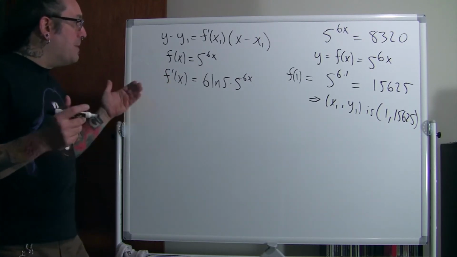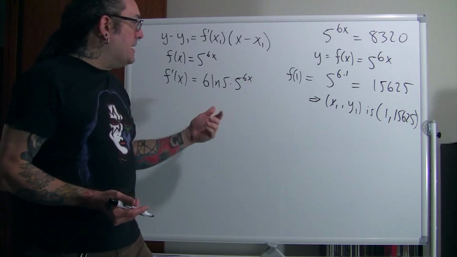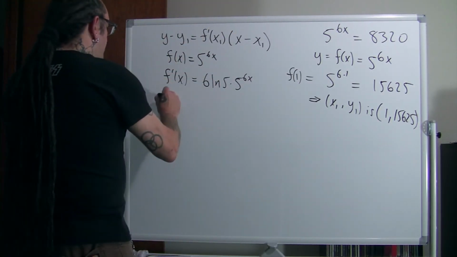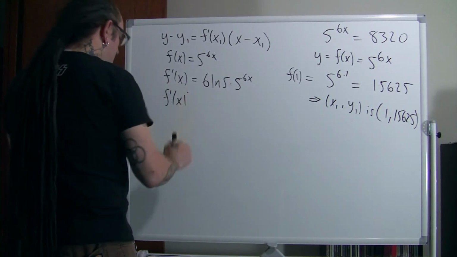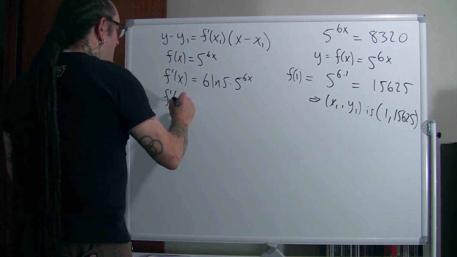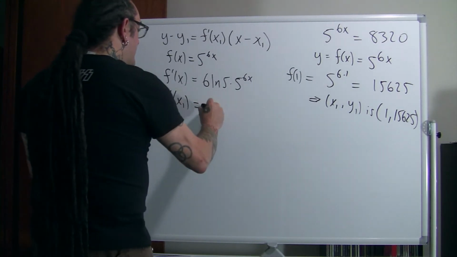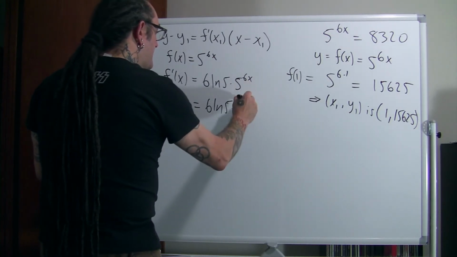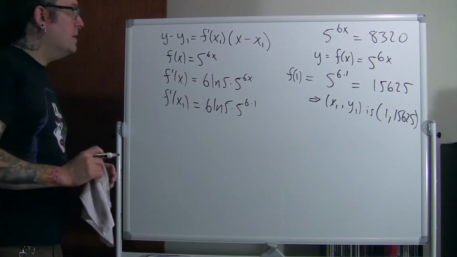And I need f prime of x1, which is 1 in this case. So now let's just put it in here. F prime of x1, oops, let's get my notation looking good. F prime of x1 is 6 ln 5 times 5 to the 6 times 1.